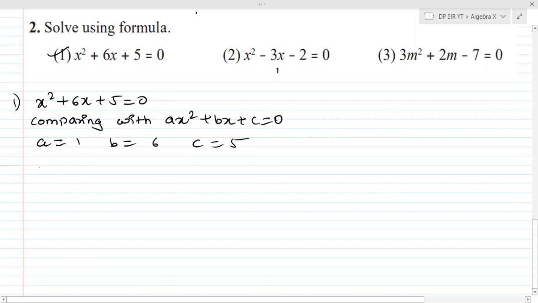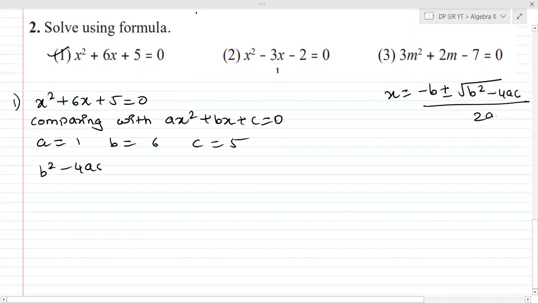First you substitute for b square minus 4ac. The formula is one thing you must remember. I am writing it again. x is equal to minus b plus or minus under root of b square minus 4ac upon 2a. So b is nothing but 6, so b square means 6 square, minus 4a means 1, c means 5.